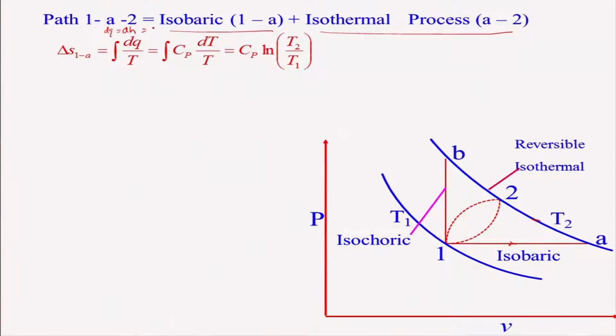When Cp is constant and you integrate between 1 to 2, I will get Cp ln T2 by T1. Is it fine?